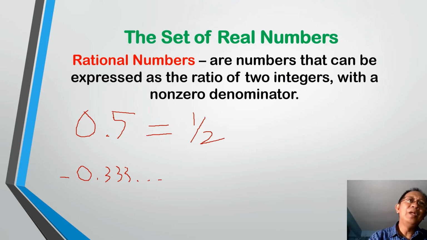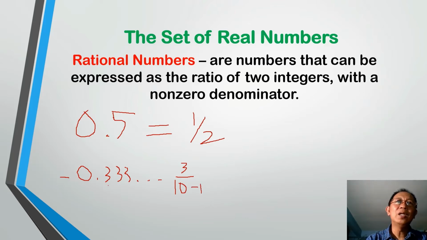If there is only one digit repeating, we make it 3 over 10 minus 1.